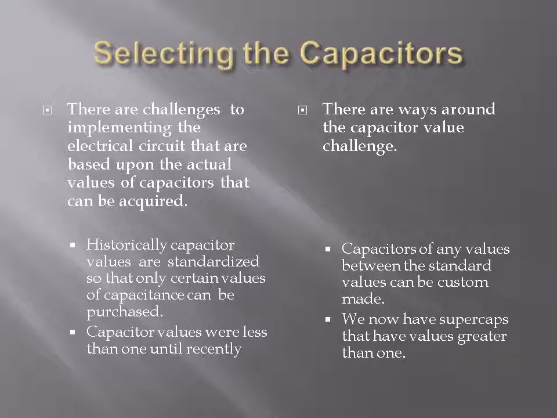First of all, capacitors of any values between the standard values can be custom made if you are a maker of things, or you can have a manufacturer make custom values for you. Also, we have a new type of capacitor on the market today that is called the supercap. These supercaps have values that are greater than 1.